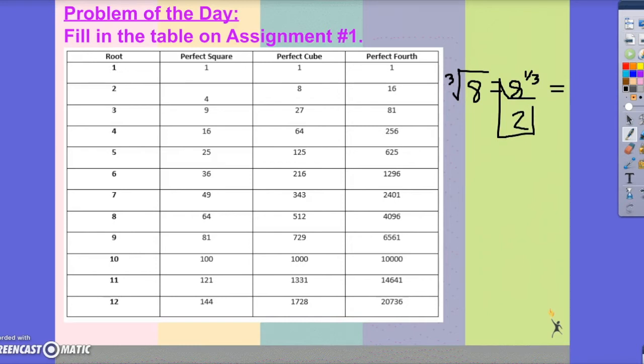What if I gave you the fourth root of 16? Fourth root is here. Here's 16. Go over. Fourth root is 2.